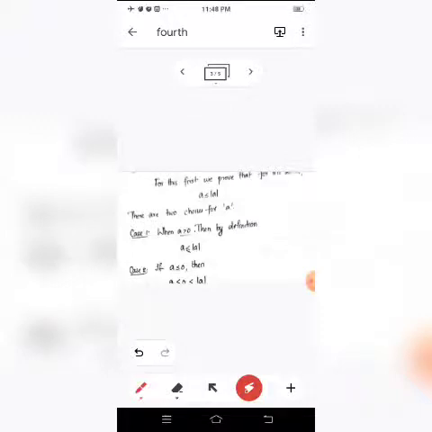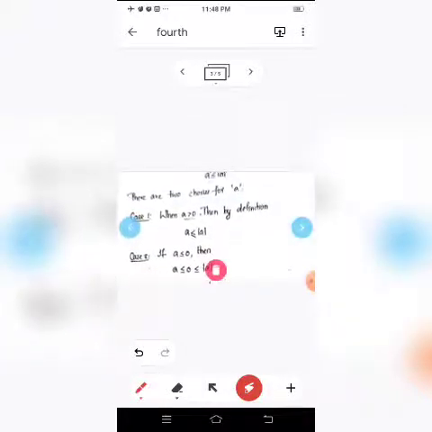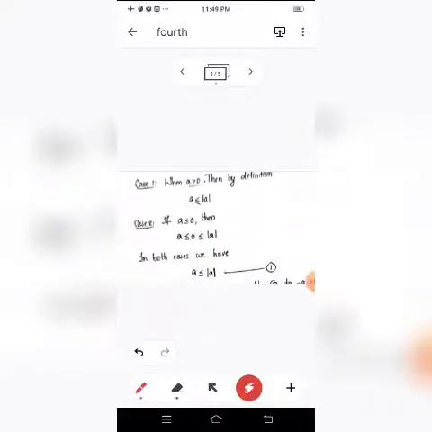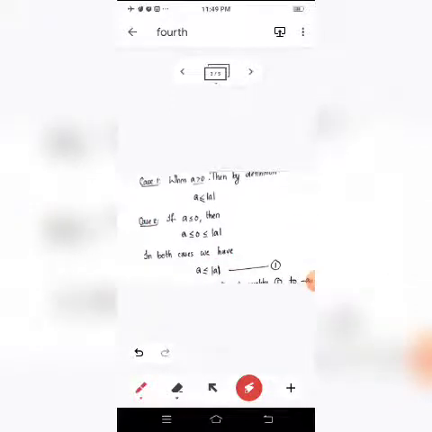Now the case is when a is less than or equal to 0. What will happen when a is less than or equal to 0? When a is less than 0, a will be a negative number, isn't it? A less than or equal to 0 means a is a negative number. So, a must be less than or equal to 0.